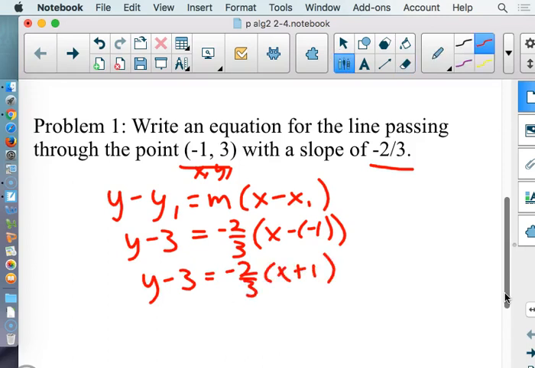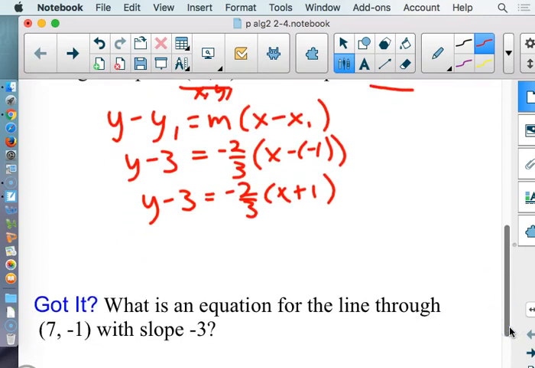Now, if the problem says, write an equation for the line passing through the point negative 1, 3 with a slope of negative 2/3 in point slope form, we're done. That would be as far as we go. But most of the time, we try to make sure that we can put this in y equals mx plus b, because usually it's like, okay, now graph it. So what we do is we keep doing the math, and we say, let's distribute that negative 2/3.